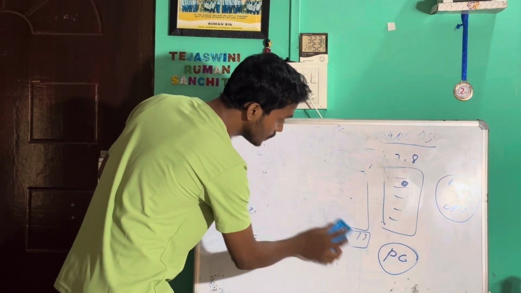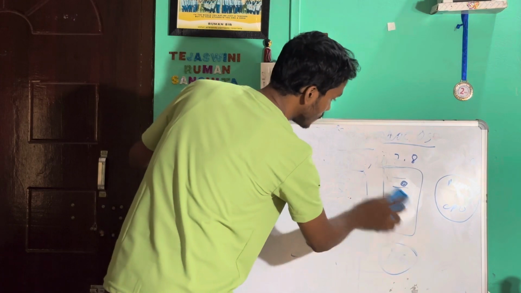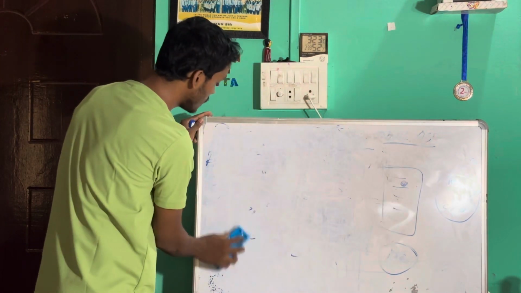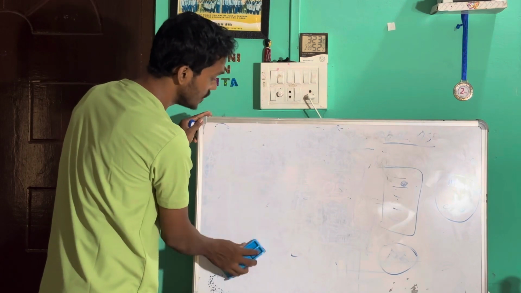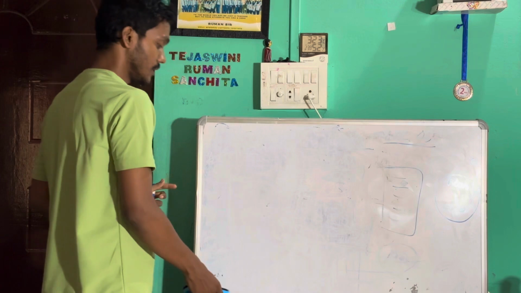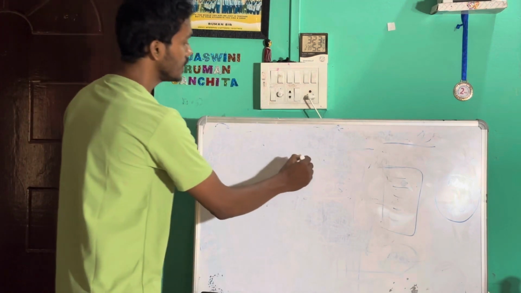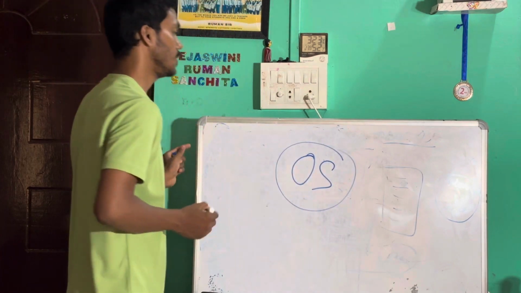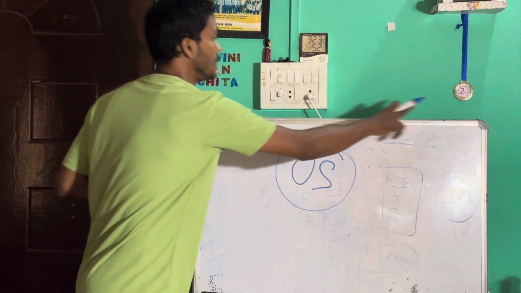So what is system software? First of all, let us discuss system software. The operating system, the OS, is a part of system software. The softwares which directly interact with the hardware, we call system software. So the OS is a very important part of the PC. Suppose this is the PC.